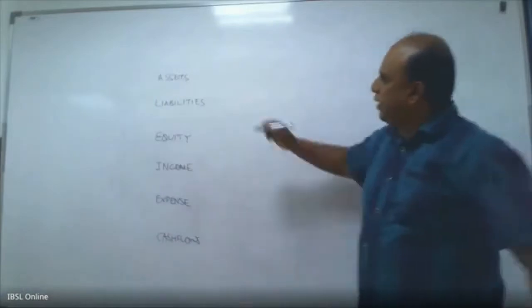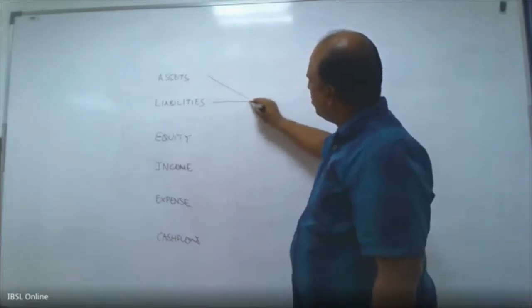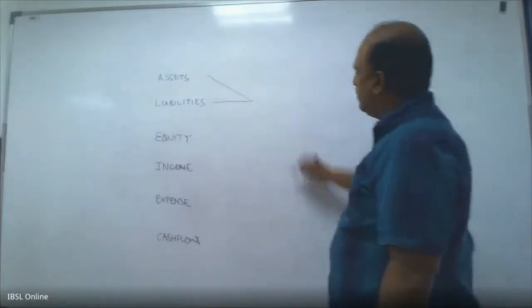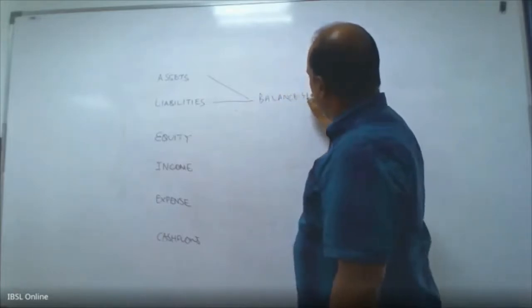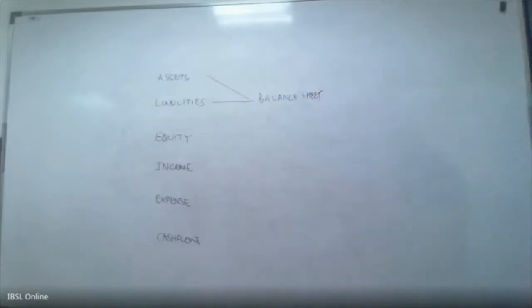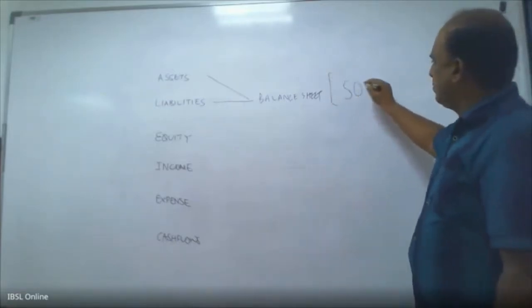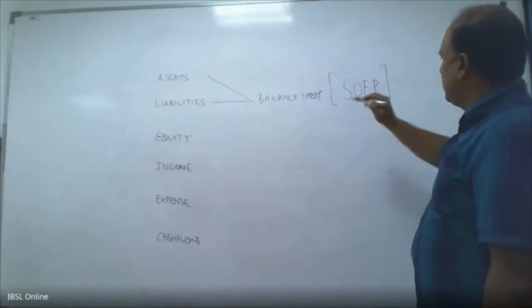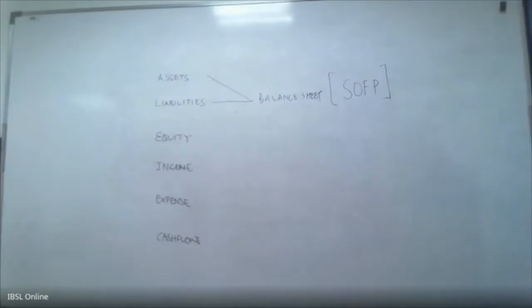Okay. So when you take these two, or preferably this part of this also, goes into the balance sheet. Right? The name balance sheet is the traditional name that we used. But the new name is statement of financial position. You need to get used to this name. Statement of financial position.